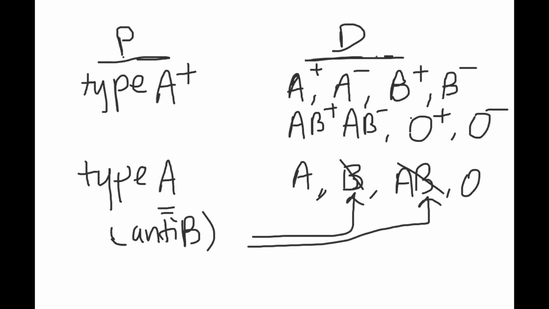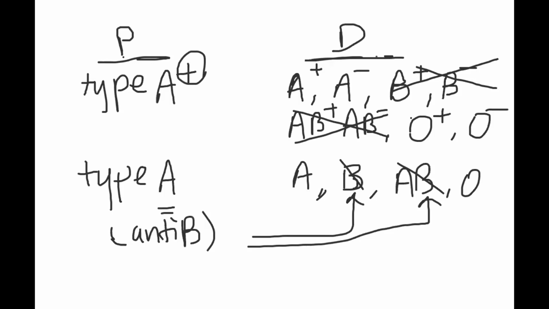The second step is you only consider the Rh factor. On the second step, we already know the B and AB cannot work, so it doesn't matter whether it is positive or negative, the B ones cannot work and the AB ones cannot work. So the only four left are A positive, A negative, O positive, and O negative. Now you don't think about A, B, O anymore. You only focus on positive and negative.